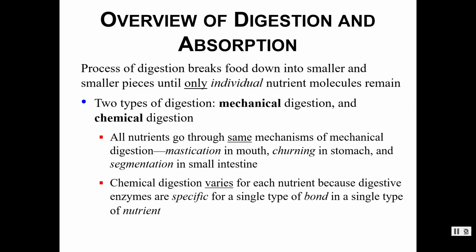So if you have eaten proteins, then we have to digest those in one way. We're going to need certain protein enzymes. If you've eaten lipids, then we're going to need lipid enzymes instead. We can even get really, really specific and say, oh, well, this nutrient contains single bonds, so we'll use this type of enzyme, but this nutrient contains double bonds, and so we need a different type of enzyme. It gets kind of complicated. We're not going to get that complicated, y'all.